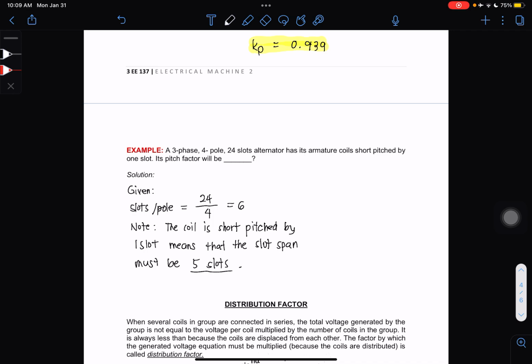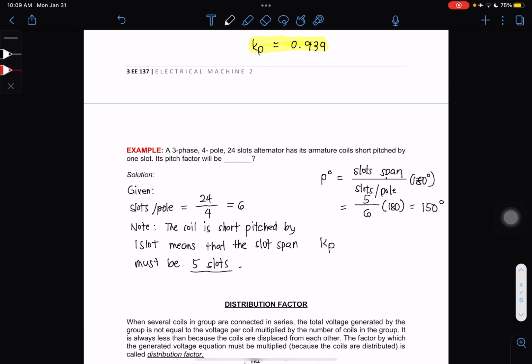So to solve for our pitch factor, we need to solve for the span of the coil. So slot span divided by the slots per pole, multiplied by 180 degrees. So we have 5 over 6 times 180. So the span of the coil is 150 degrees.